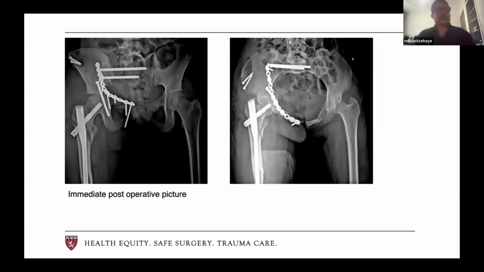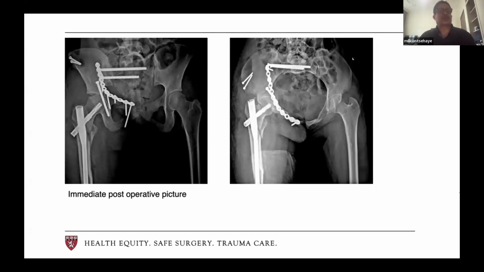Okay, thank you for the question. Regarding the weight-bearing status, I would definitely delay weight bearing for about 10 to 12 weeks. Probably I'll make the patient non-weight-bearing for 6 weeks, since there is a combination of a completely unstable pelvic injury, acetabular fracture, thoracochondric fracture, and femur shaft fracture.